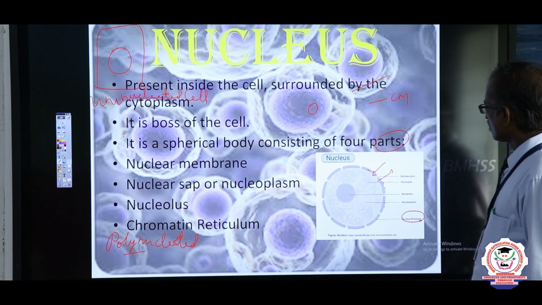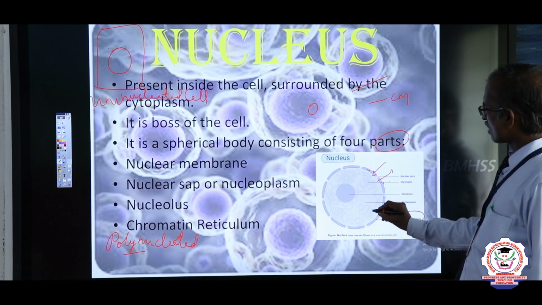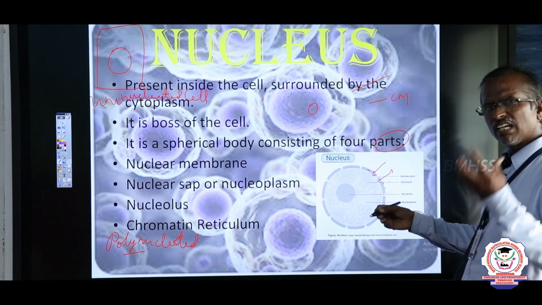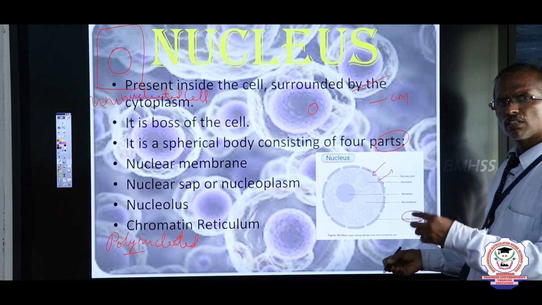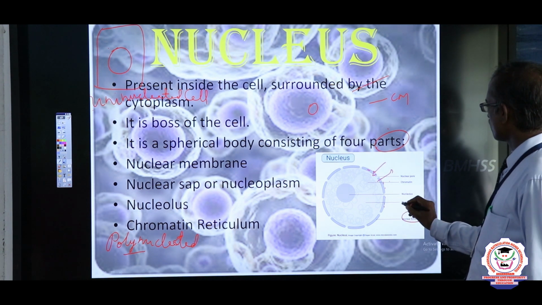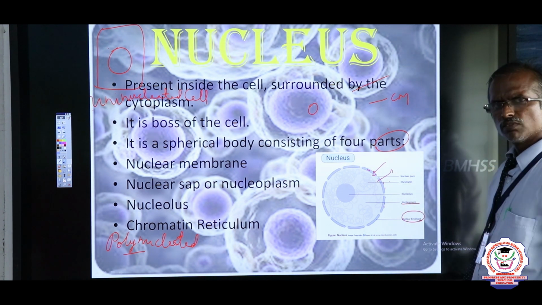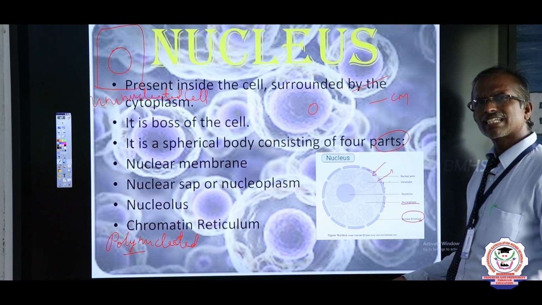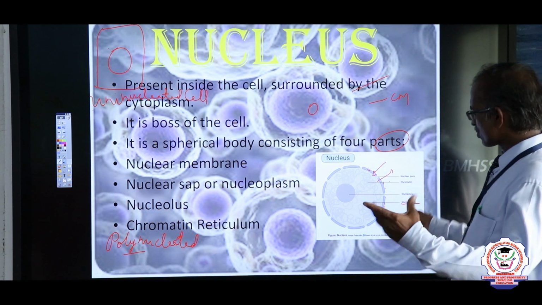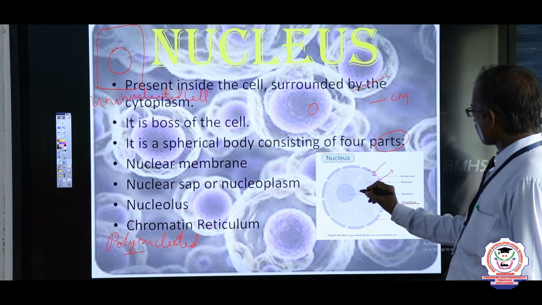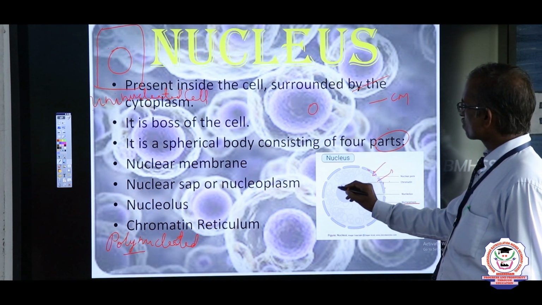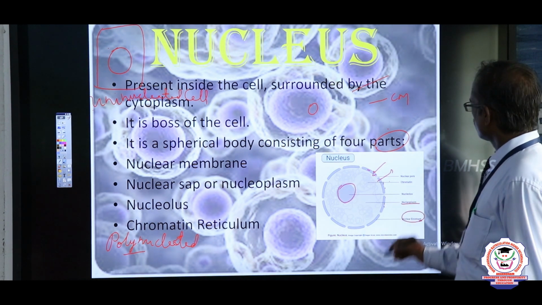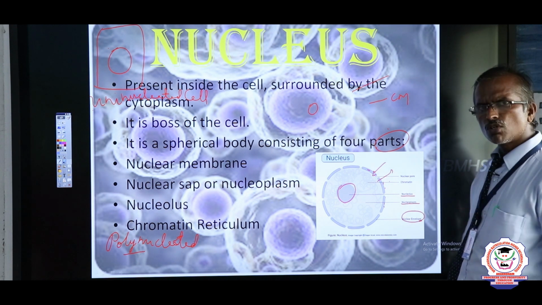Within the nuclear membrane, a jelly-like substance fills the nucleus, called nucleoplasm. The nucleoplasm is also called karyolymph. The nucleoplasm contains one spherical body, which we call the nucleolus.